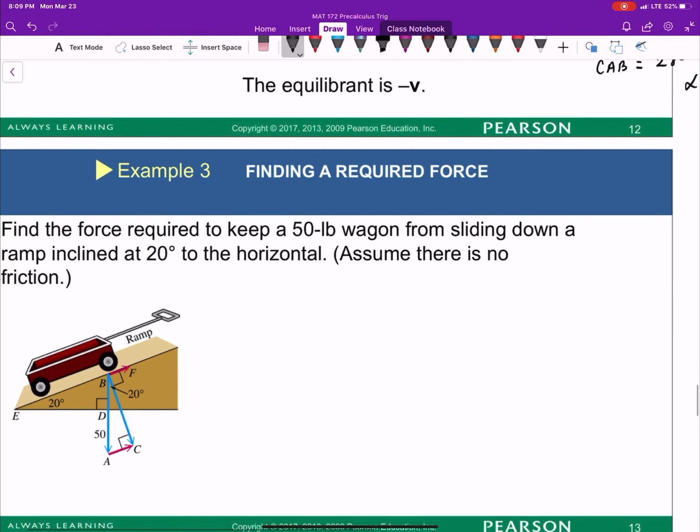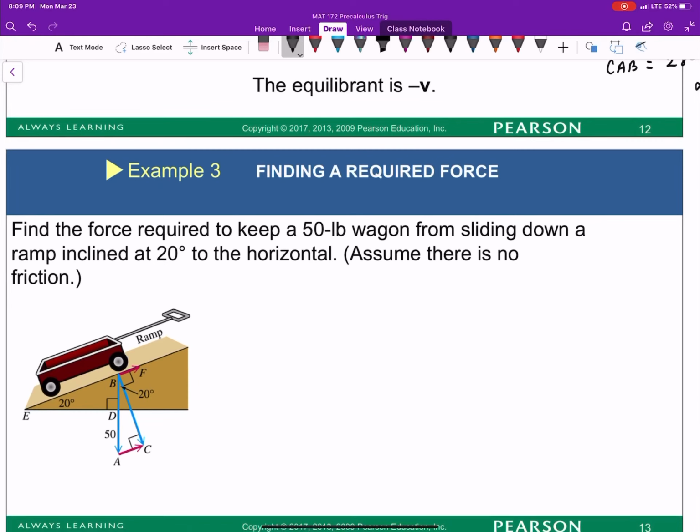So, finding the required force. It says find the force required to keep a 50-pound wagon from sliding down a ramp inclined at 20 degrees to the horizontal. Assume no friction. So let's look at this figure right here.